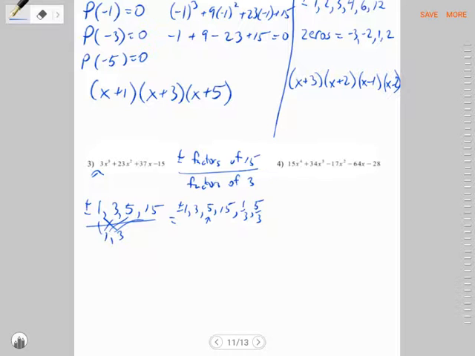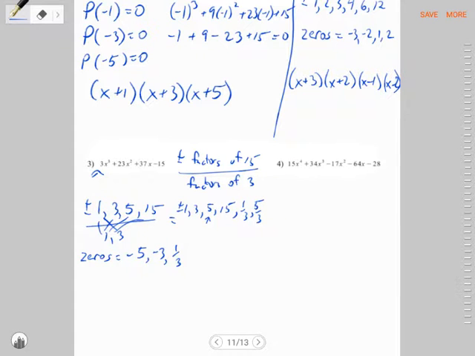Okay, so again, I've done this beforehand, but for the zeros, you're just going to type these in and you're looking for a 0. -5 works, -3 works, and then 0.3333 or 1/3 works, and that of course is positive.